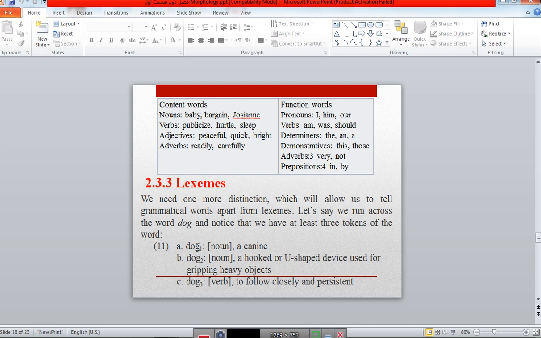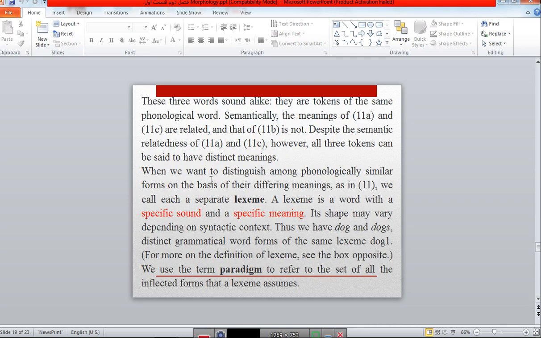We use the term paradigm to refer to the set of all the inflected forms that a lexeme assumes. So a lexeme is a theoretical construct. It is not a sound form, for example dog, but rather a sign or set of signs in which sound, form, syntax, and meaning are all bound together.